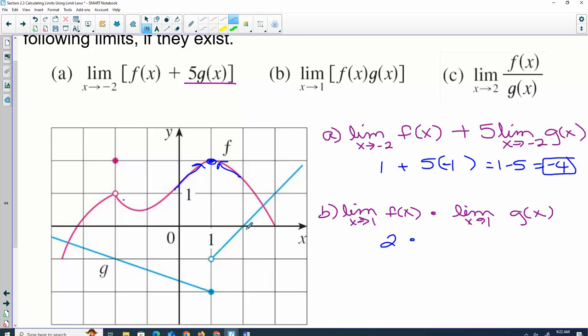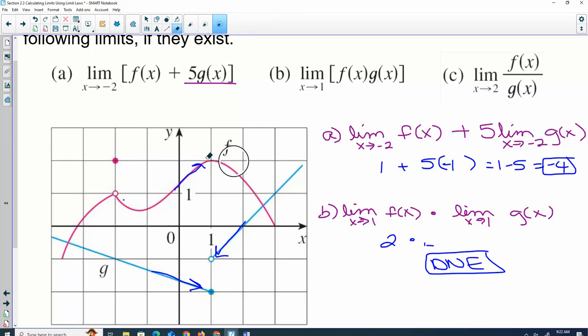On g, as my x is approaching 1, what's my y? We can't do that because they don't match up. So if one of them doesn't work, what do you think the whole thing becomes? Yeah, it's undefined or it does not exist. Because the function of g doesn't exist there, so we can't do the overall.